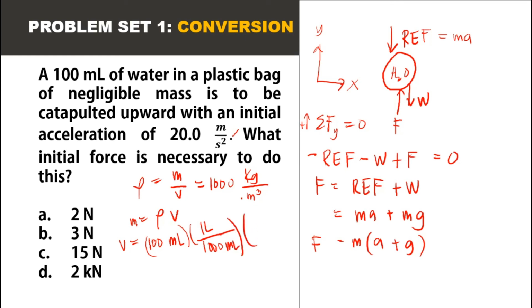Then 1 cubic meter is 1000 liters. Converting that to cubic meter, the liters will cancel, and the volume is 1 times 10 raised to negative 4 cubic meter.